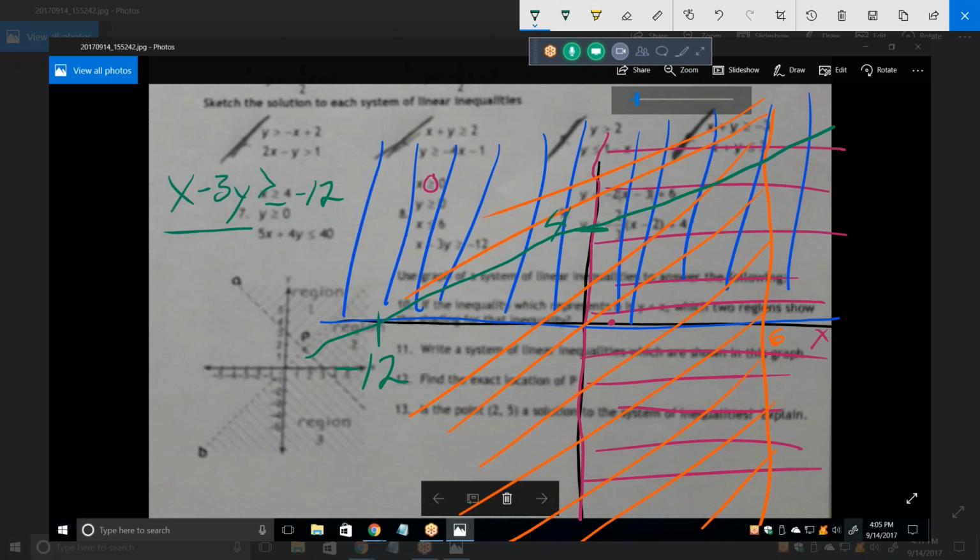But notice, in order to figure out which side to shade, you've got to get this in terms of y or x. But we know what y looks like. Solve the inequality for y. Let's start there. Move the x over, so subtract x on both sides, so -3y is greater than or equal to -x minus 12.